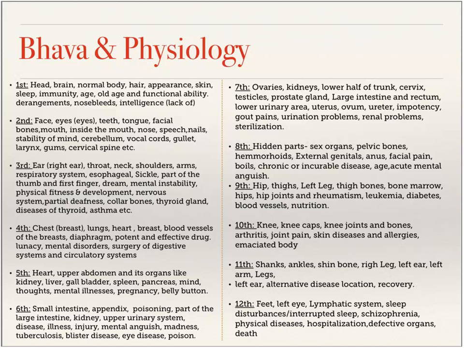It's also, what does the first house represent? So even though Gemini Rashi has specific qualities, and it affects the throat, the shoulders, and the chest area, if it is the first house, you now have to look at how Gemini affects the head, brain, hair, appearance, skin, etc.